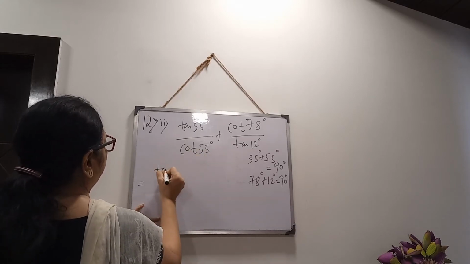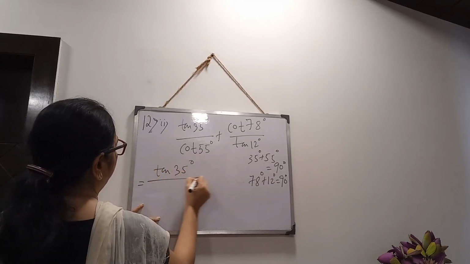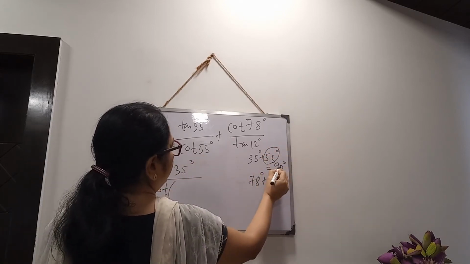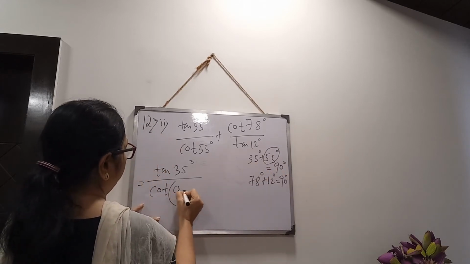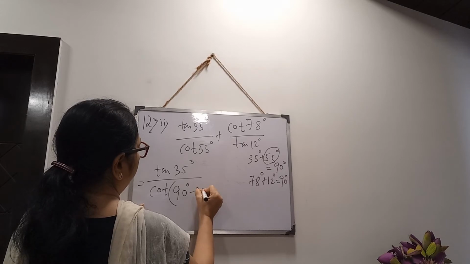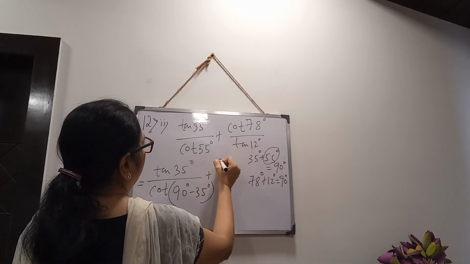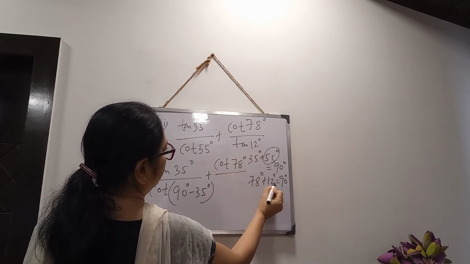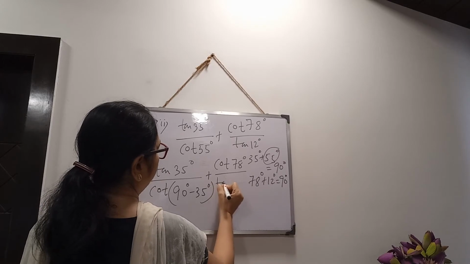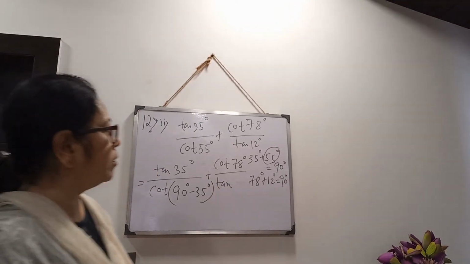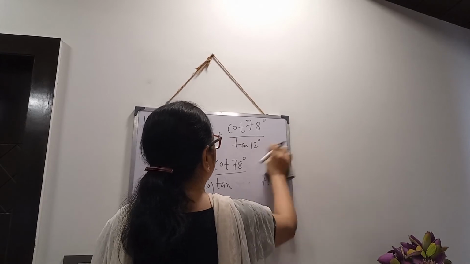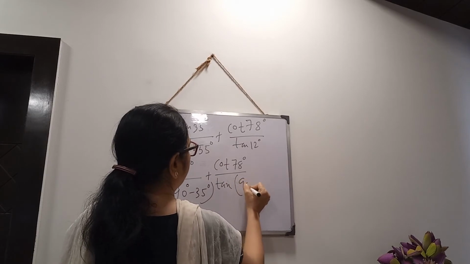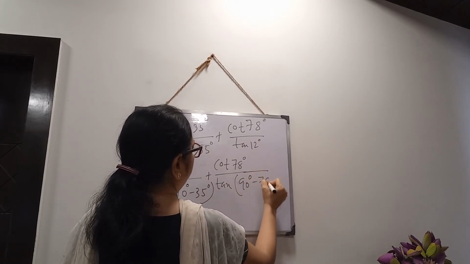Okay, tan 35 degree by cot 55. 55 means what can you write? 90 minus 35. Clear? cot(90 degree minus 35 degree) plus cot 78 keeping as it is. Now 12 means we can write 90 minus 78.